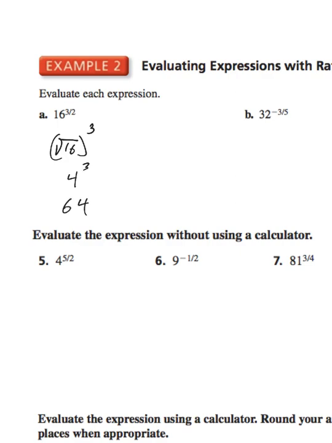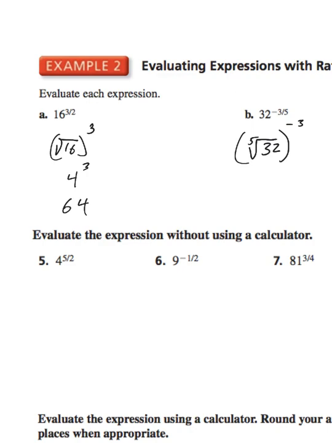Very good. Now the next one's got a negative exponent, all right? So before we do that, let's do the fifth root of 32. Can we do that? It's 2, right? So we're going to go fifth root of 32 to the negative 3 power.